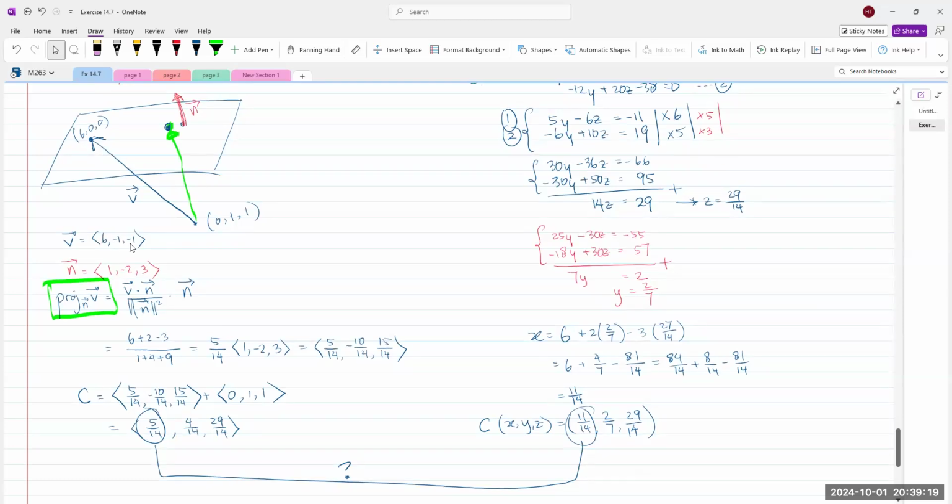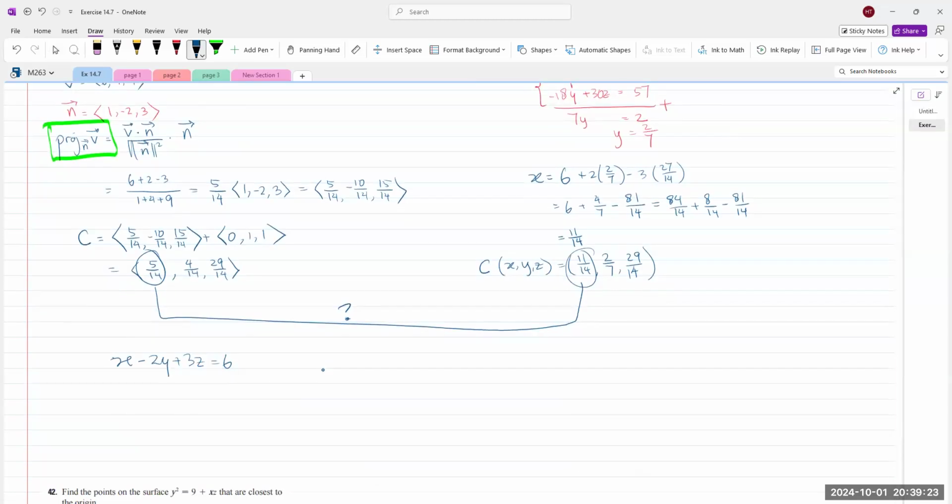6, 2, -3. So 5 over 14 minus 2 times y plus 3 times that means like 87. Is it equal to 6? Well, it is. -3 plus 87, that's 84 over 14. So what did I do wrong here?